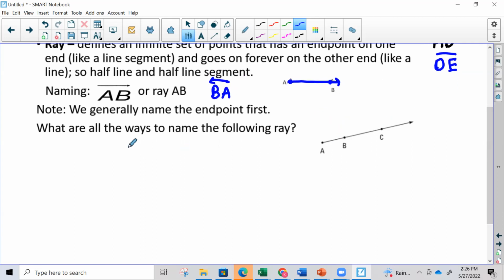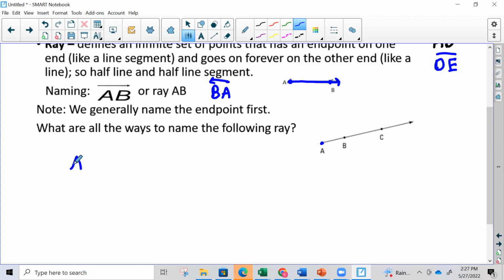So we have this ray, and it says, what are all the ways to name the following ray? The main thing is my ray starts at A, so A has to be included in my naming of it. But then I can use B or C, because it's going to go on forever in this direction. So I can do B, but it would still keep going past C, or I can do C and then B is still included on that ray.